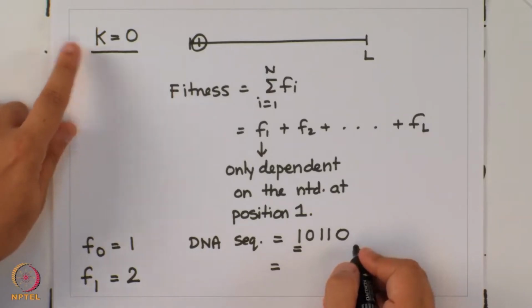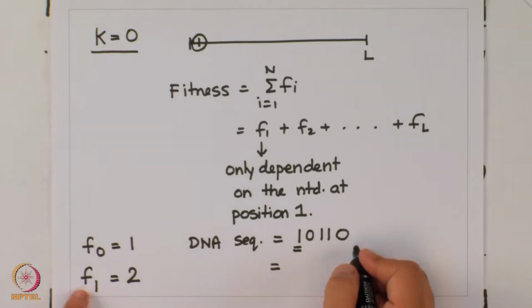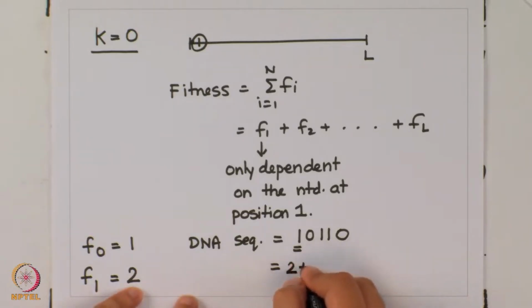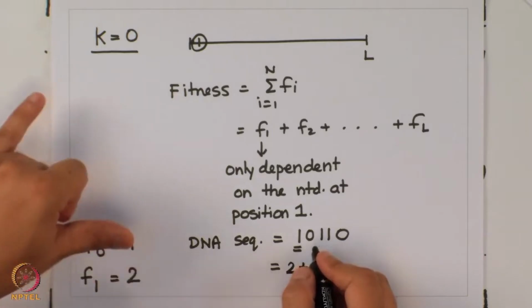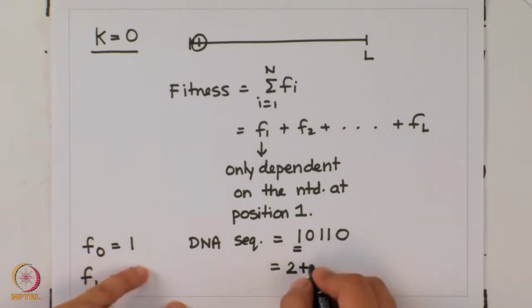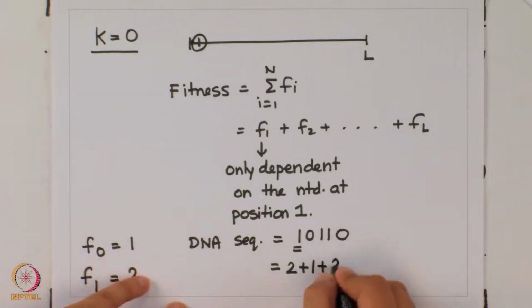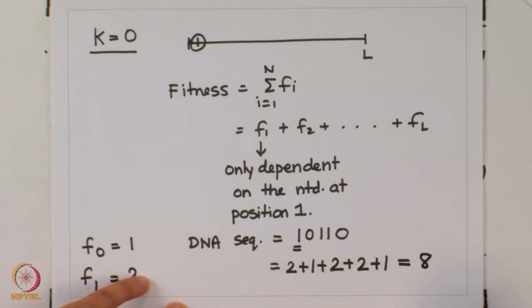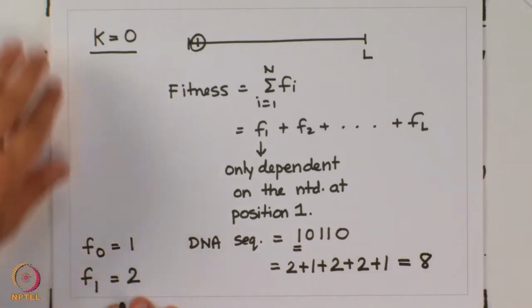Hence, I know that the fitness contribution of a 1 is 2, then I have a 0, and because k is equal to 0, the fitness contribution of 0 depends only on itself, and is defined to be 1, and then another 2 and another 2 and another 1. So, fitness of this DNA sequence will be 8 in an NK model with these fitness contributions and with k equal to 0.